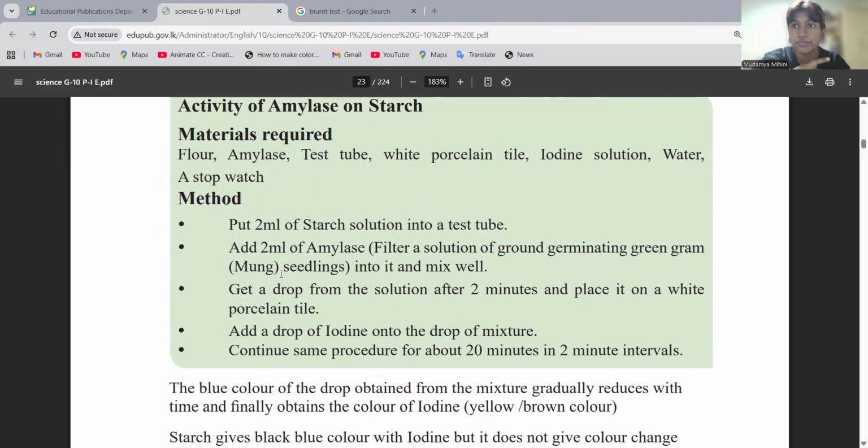After we put this into the test tube, we add 2 milliliters of amylase. Let's think of it as a solution of ground germinating green gram seedlings. The germinating green seeds also consist of these enzymes, so you can use it as well. We say that amylase is an enzyme that acts on starch. You'll see it in a minute.